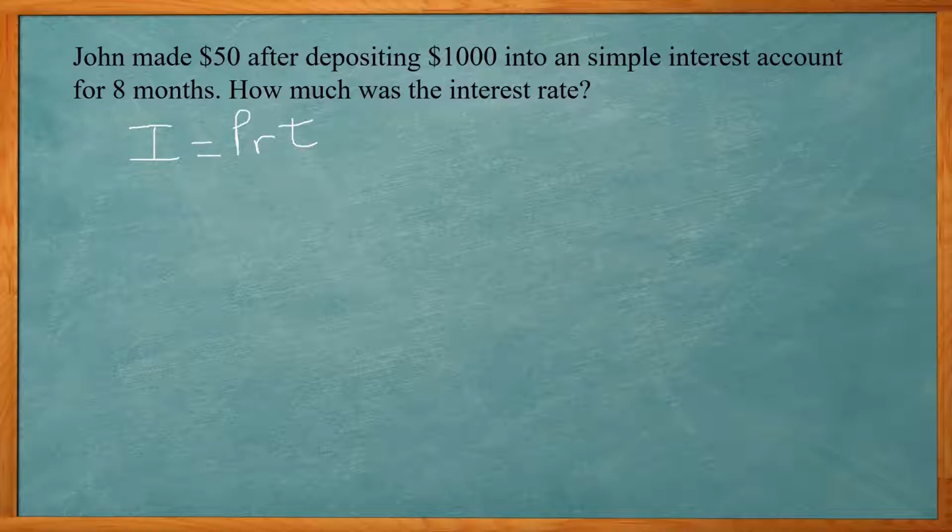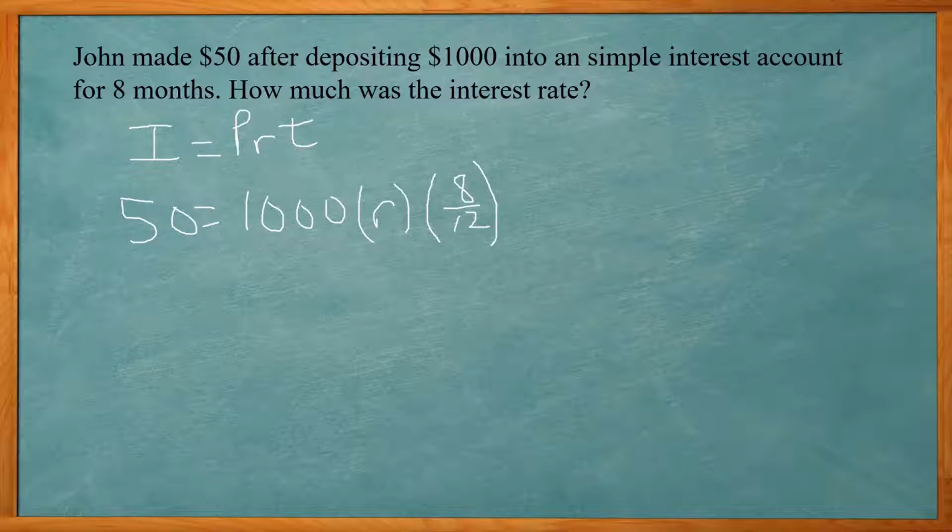So again, we're just going to fill in what we know. He made $50, so that's the I. He put in 1,000, so that's the P. We don't know the interest rate, so we're going to leave that as R. And T is 8 months, so 8 over 12.